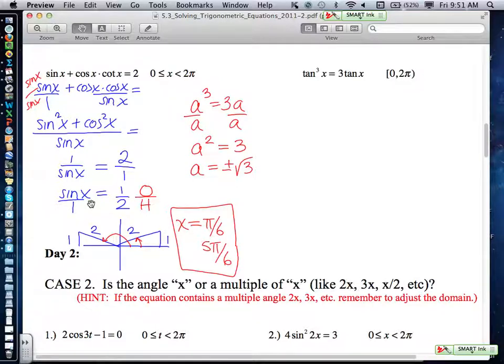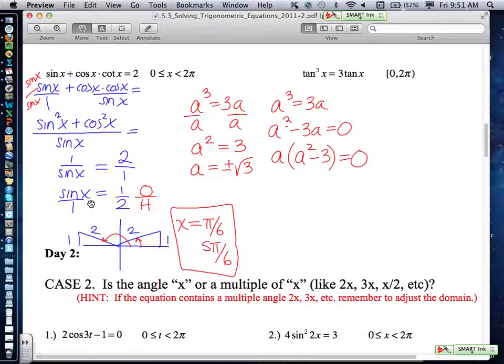All right, now, instead, if I take this a cubed equals 3a, I'm going to subtract and then factor. If I subtract, I have a cubed minus 3a equals 0. Factor out the a, and I have a squared minus 3.